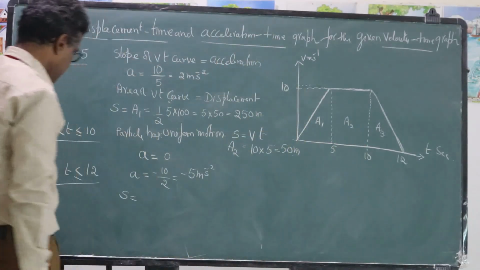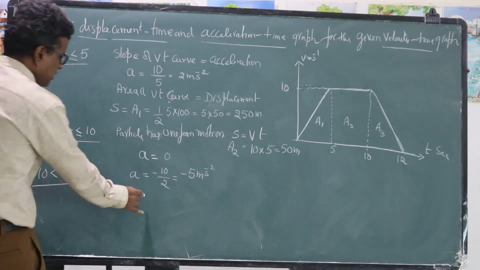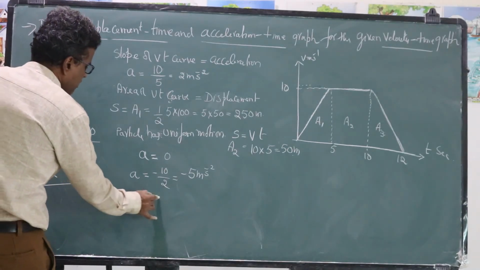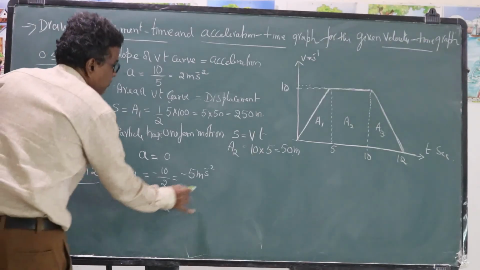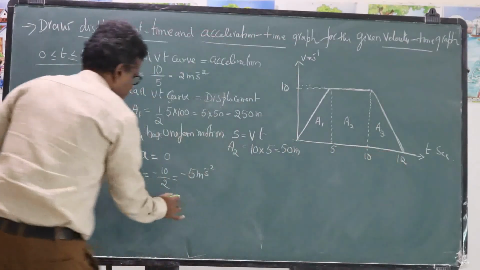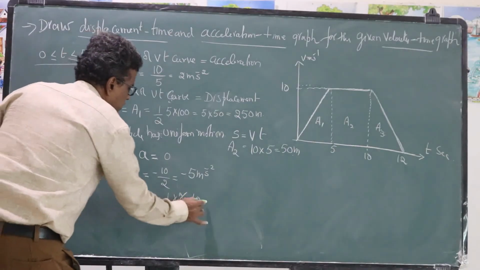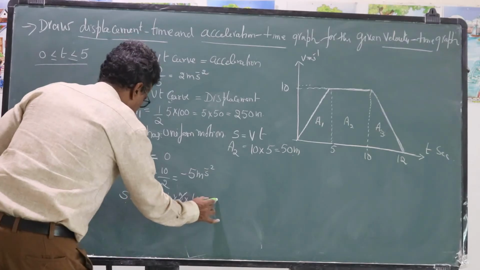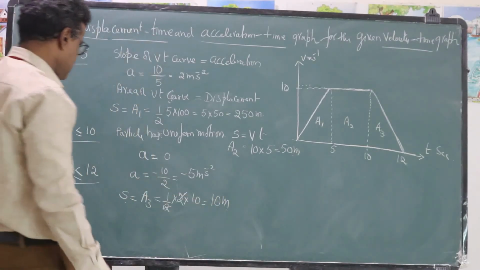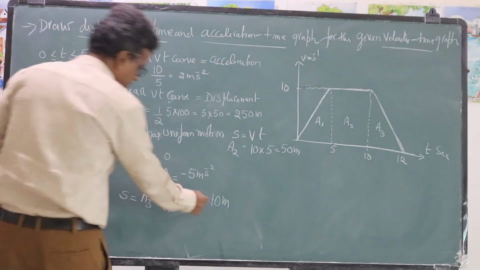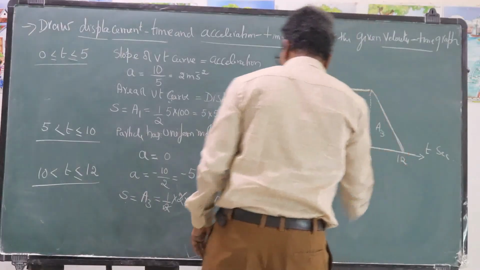We can do it like that also. So here displacement is A3. s is A3, the area of the v-t curve, half into base into height. Half into base, which is 2, into height. Height is 10. So the 2 gets cancelled. You will get 10 meters. So during these 2 seconds it travels 10 meters.